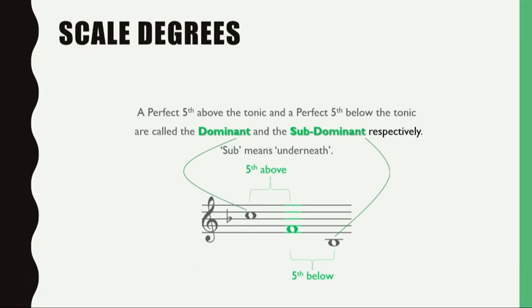A fifth beneath the tonic, if we go backwards, F, E, D, C, B. A fifth below the tonic is the subdominant, that's B flat. So a fifth above is C, a fifth below is B flat. That's what we call dominant, and subdominant because it's underneath.